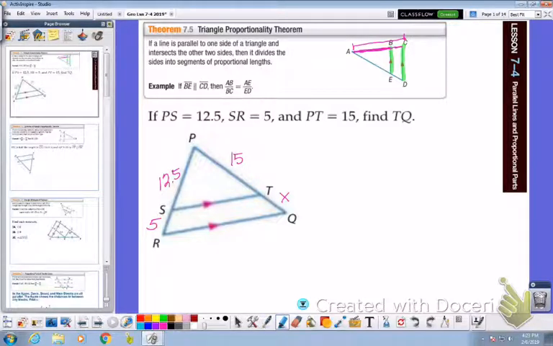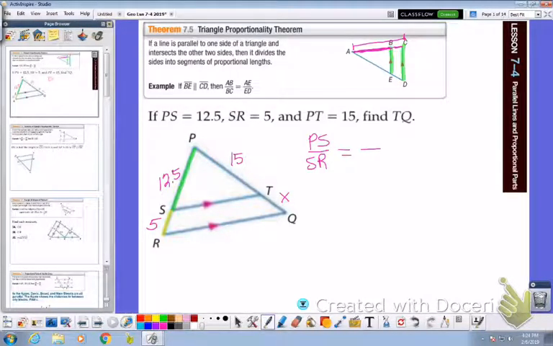Like I said before, we're used to taking this small piece proportional with the larger piece. We don't have to do that anymore. We just need to take this piece, PS, and we can make a ratio with SR.